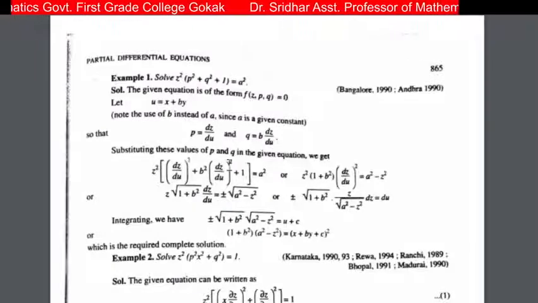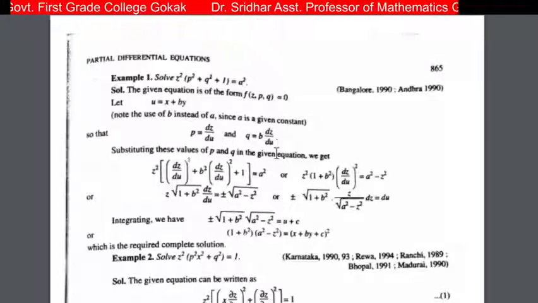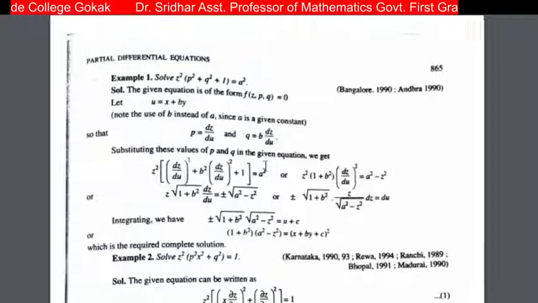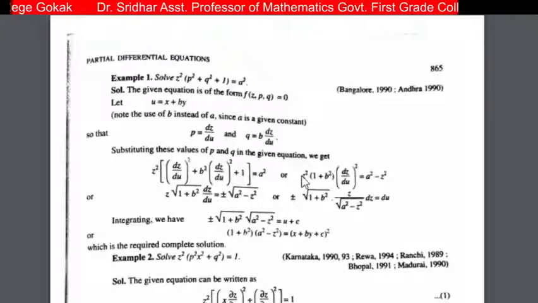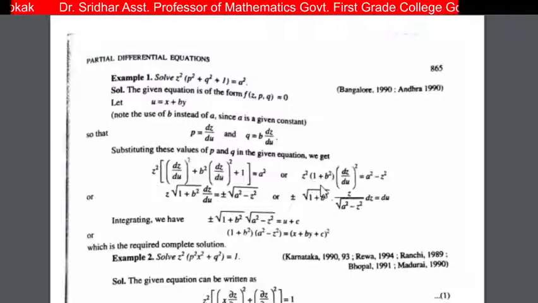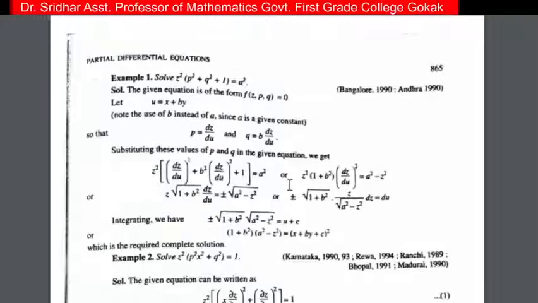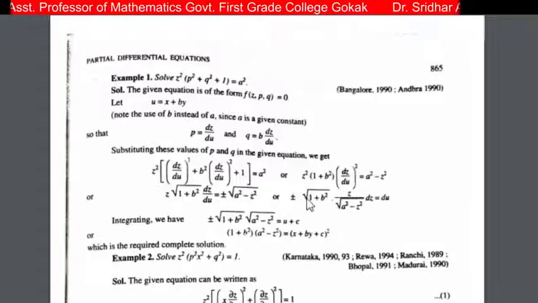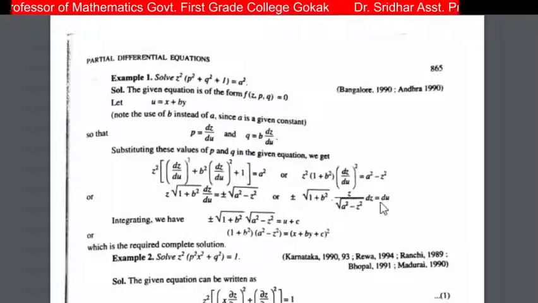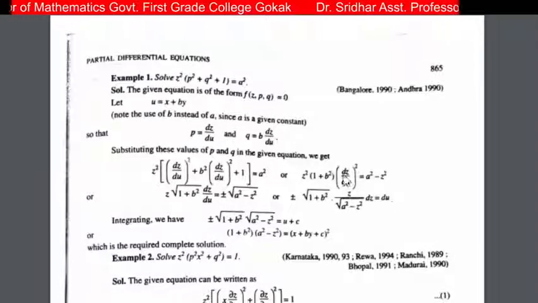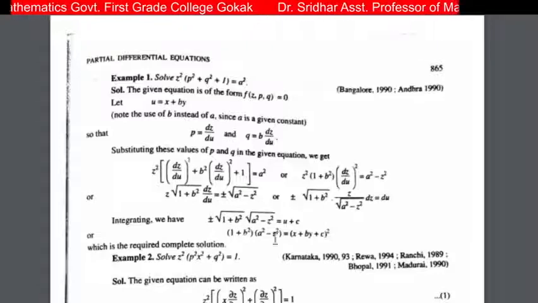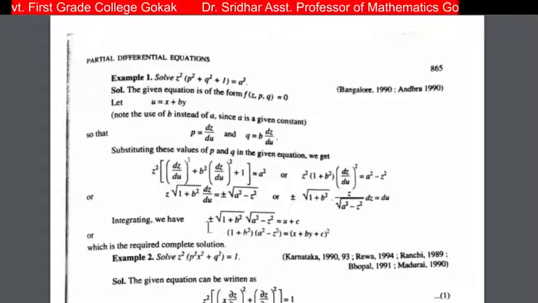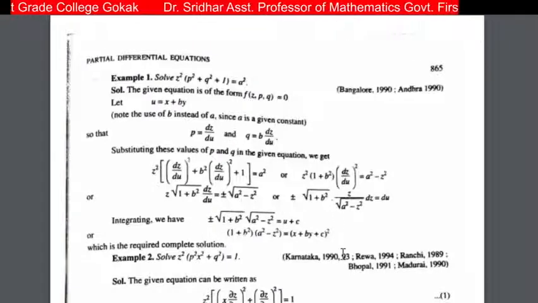Now substitute p as dz by du and q as b into dz by du in the above equation, and we get this type of equation. Then taking z square and 1 plus b square common, we get this equation. Then separating the variables, we obtain this equation, plus or minus root of b square, equal to du. Next, integrating both sides, we obtain this equation. After integration, whatever equation we get is the solution of the given differential equation.